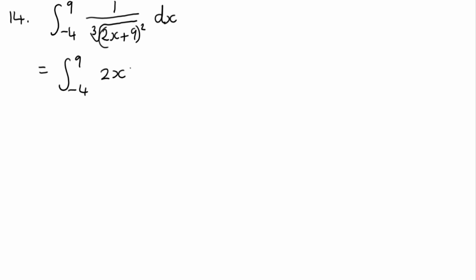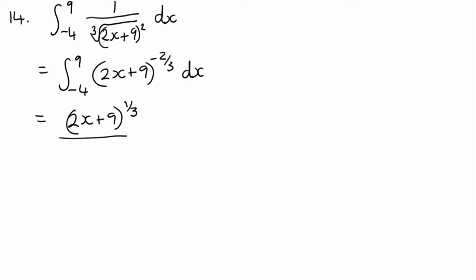Right, that's the same as 2x plus 9 to the -2/3, because it'd be 2/3, but it's on the denominator, so -2/3. So to integrate that, keep the bracket the same, add 1 onto the power, so you get 1/3, divide by the 1/3, and also divide by the bracket differentiated, so I'm going to multiply a 2 into that denominator, and that will be me dividing by 2.